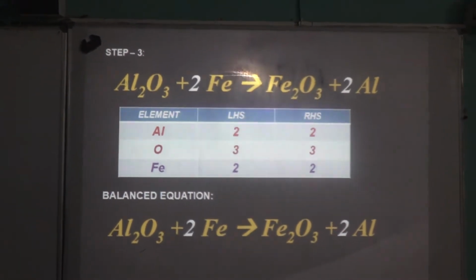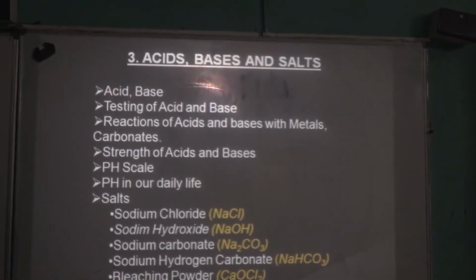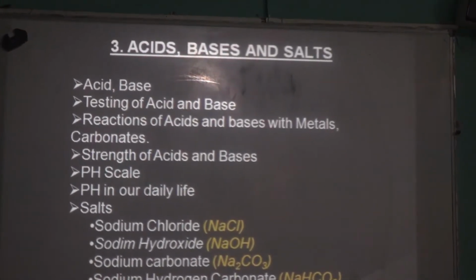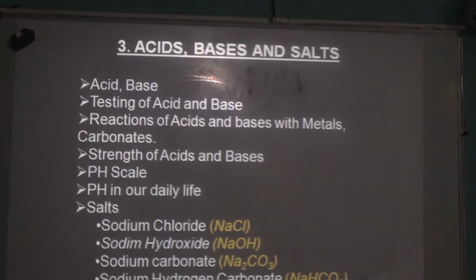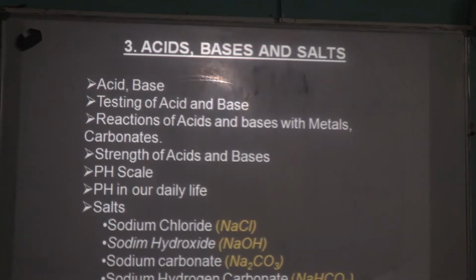Now come to the third chapter, acids, bases and salts. This is the very easiest chapter and the most enjoyable chapter for you, I think, because in this chapter you have enjoyed in your laboratory. Different colors, different gases, different types of sounds, all are observed in this. What are the basic concepts in this chapter?